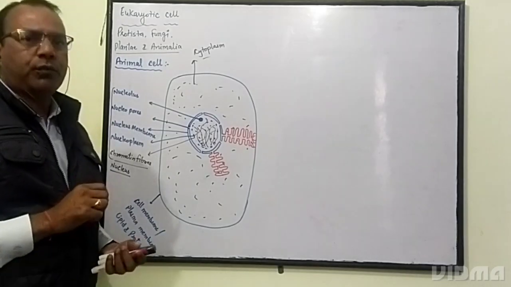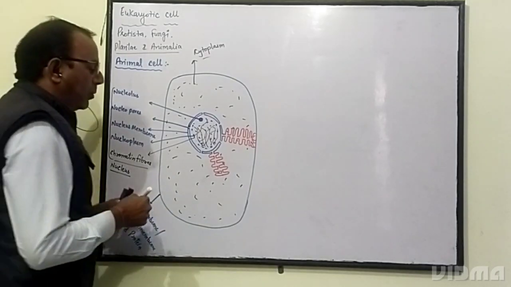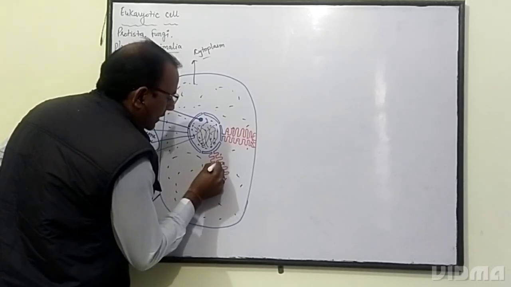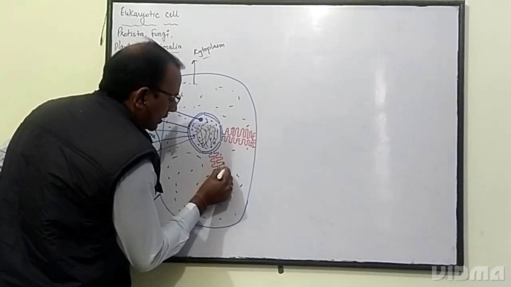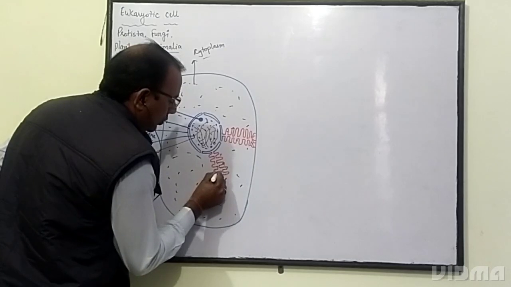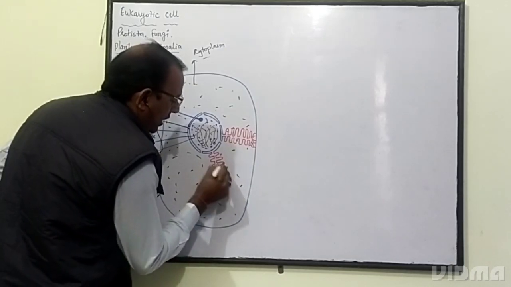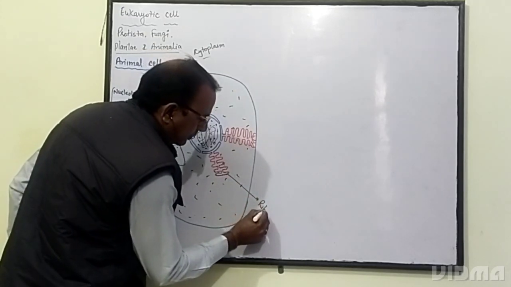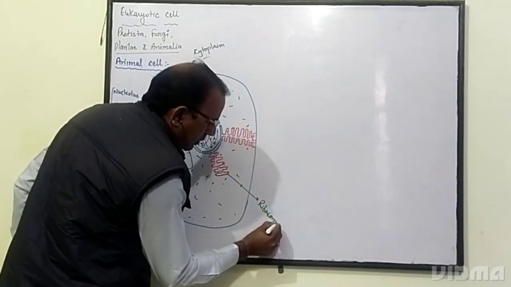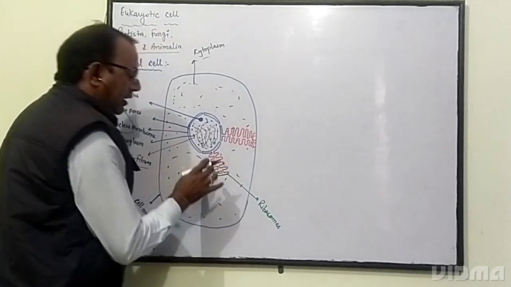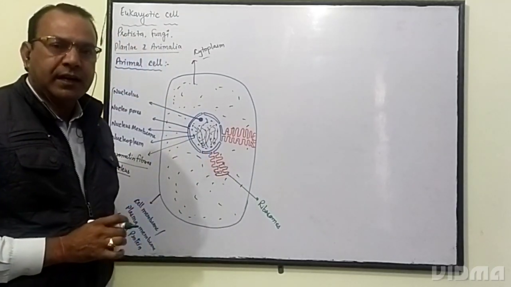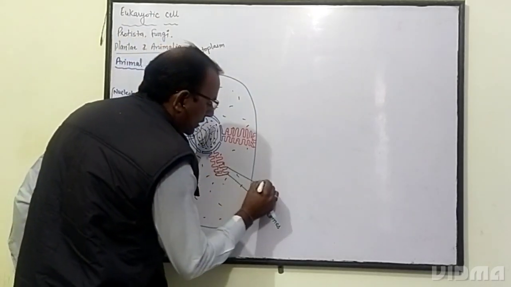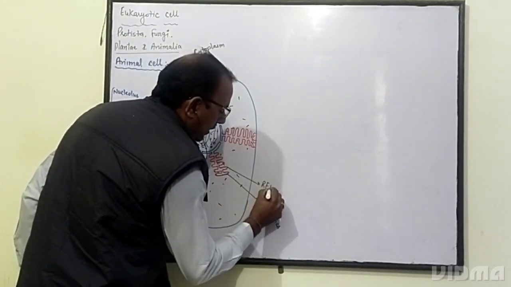Endoplasmic reticulums are of two types. Some endoplasmic reticulums contain dot-like structures, and these dot-like structures are ribosomes. So they are rough in touch. The ER which contains ribosomes is known as rough endoplasmic reticulum.